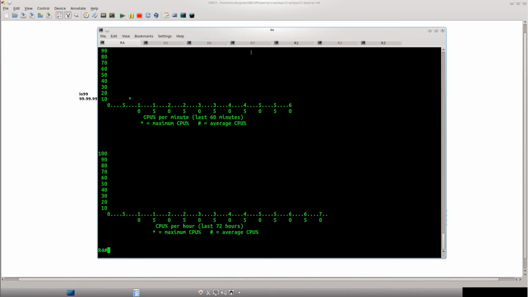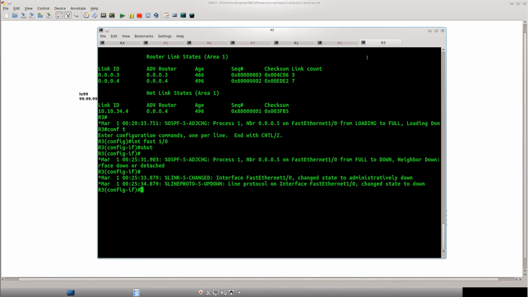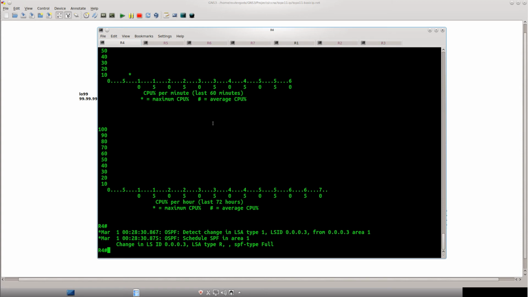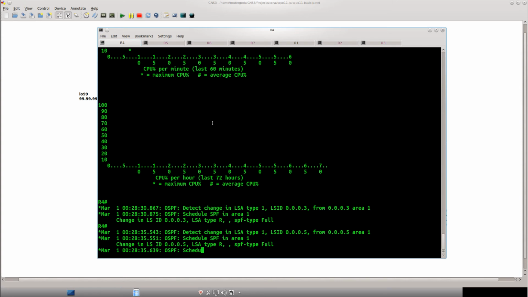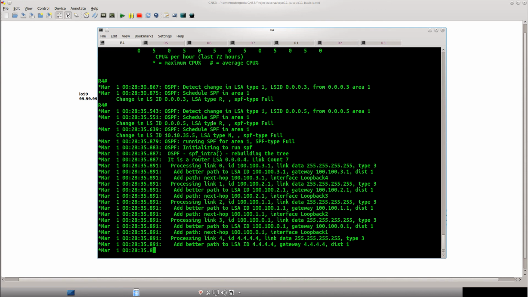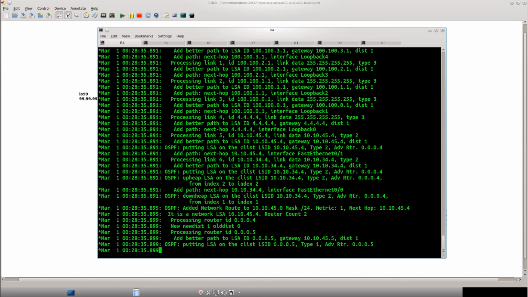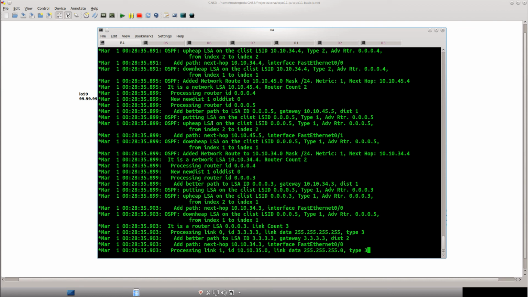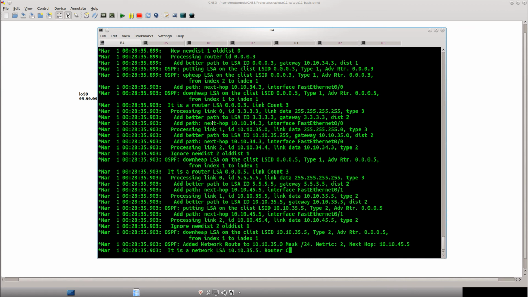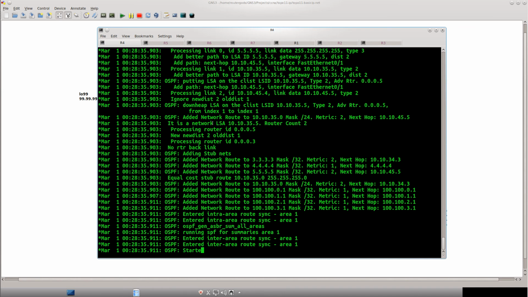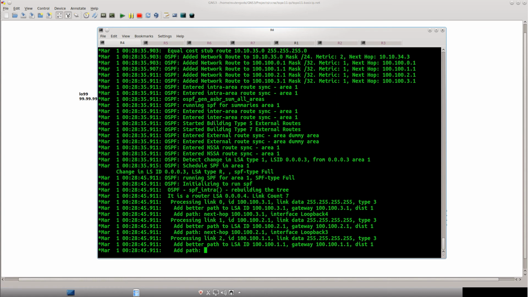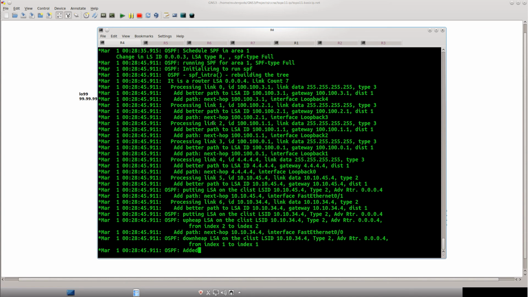Now if we go back to R3, hit the up arrow and do a no shut, so turn that interface back on, you'll see that R4 is going to freak out again, detect a change, look in its spanning tree, and recalculate everything. And eventually everything's going to be okay.